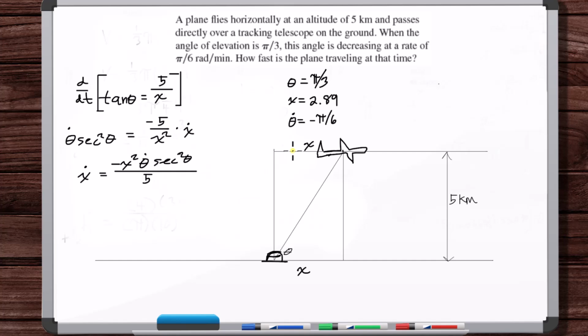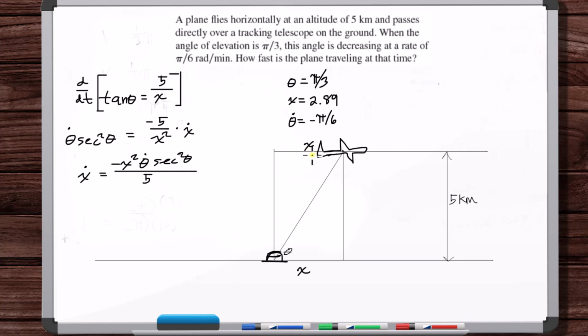So it starts. x is increasing. x dot is the velocity of the plane. This angle here and this triangle are all part of this system, right? We know how fast this theta is decreasing. So all we have to do is measure, if the height of the plane is the same and it passes right over the tracking telescope, so we don't have an angle into or out of the page.